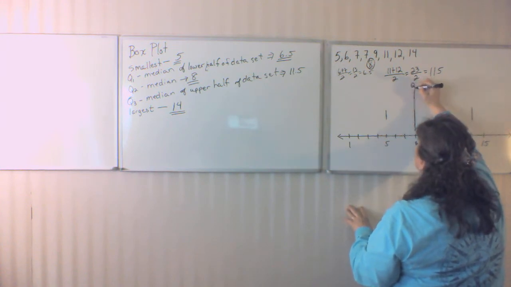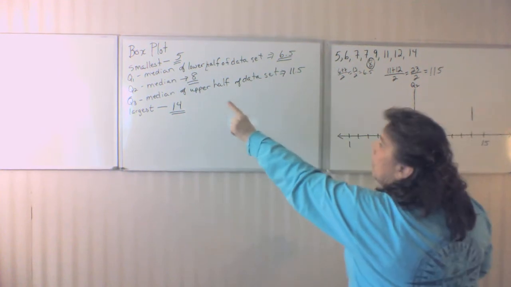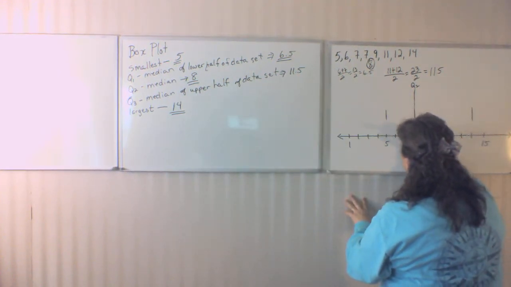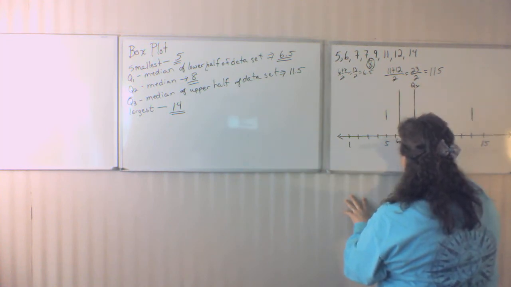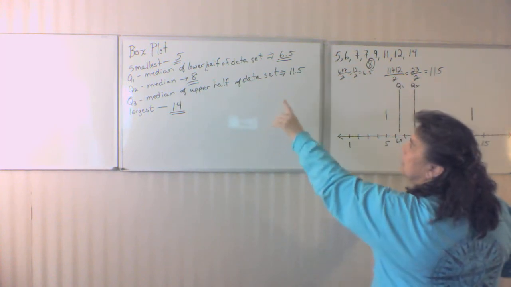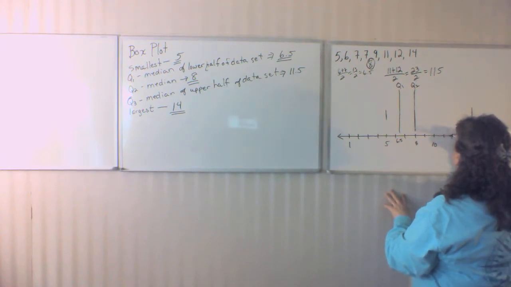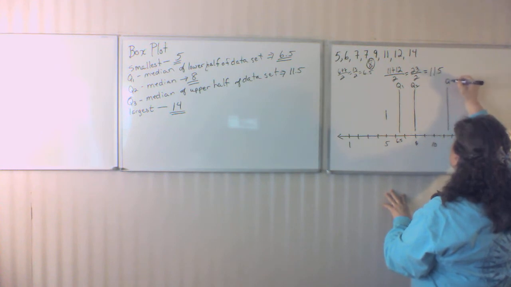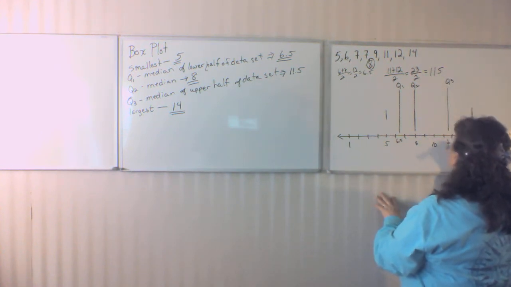And that is our Q2. The Q1 is 6.5. Well, here's 6 and 7, so 6.5 is right here. And that is Q1. Q3 is 11.5. So 11.5 is about right here. And that's Q3.